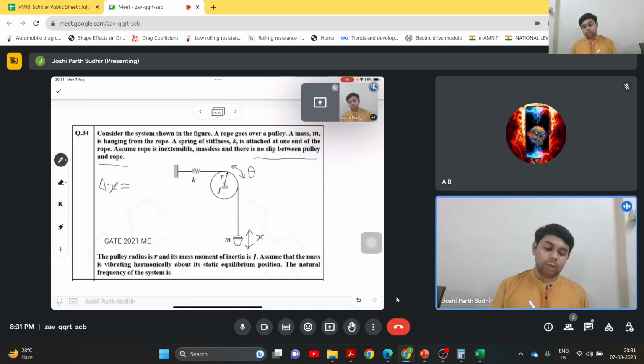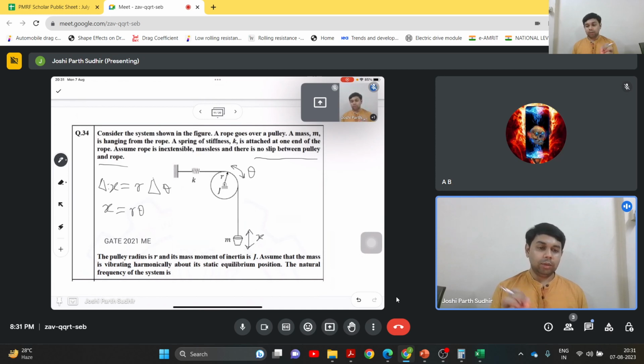So the relation between delta x and theta is delta x is equal to r into delta theta, or alternatively we can simply write x is equal to r theta, where x is the displacement of the mass from its equilibrium position.